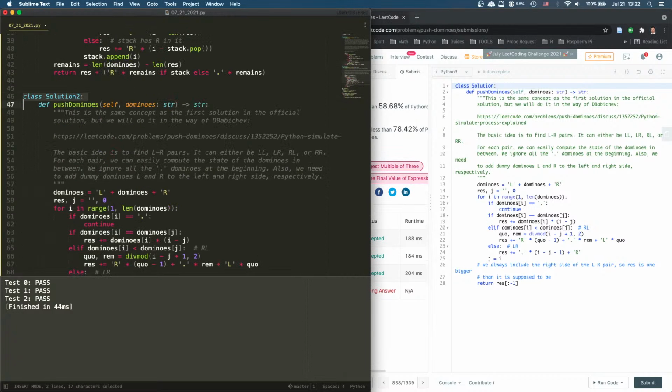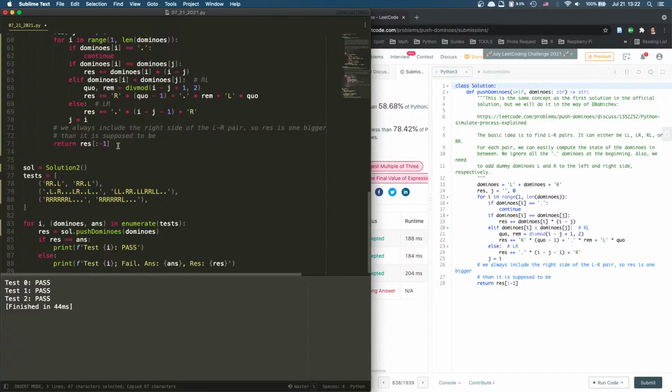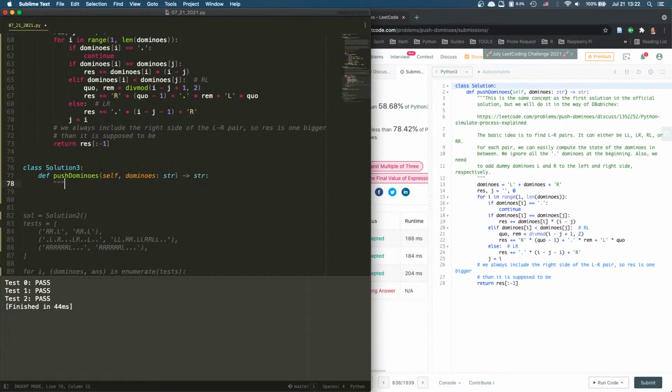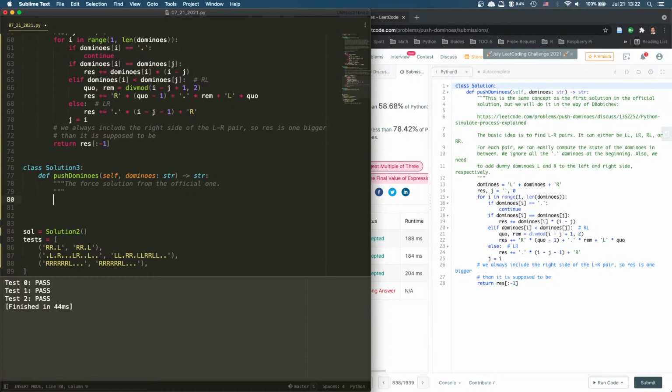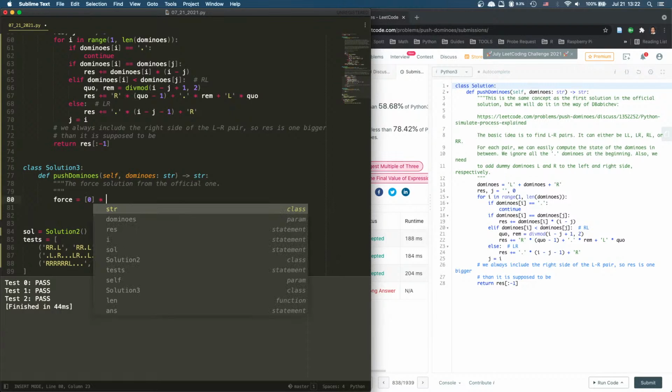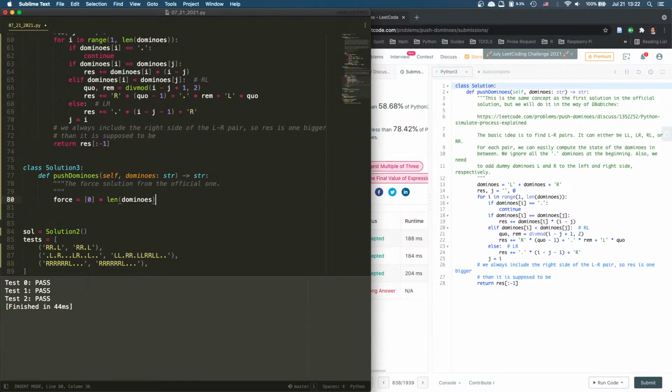Alright, solution 3. It's the last one we're going to try. Solution 3, the fourth solution from the official one. Force equals 0 times len dominoes.